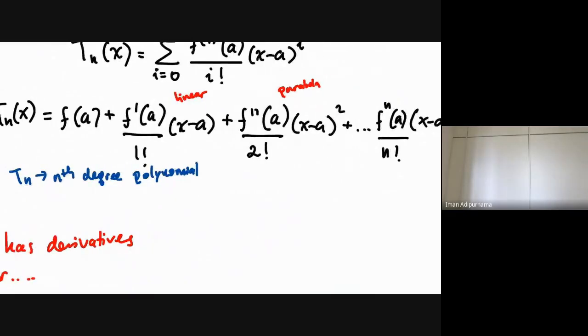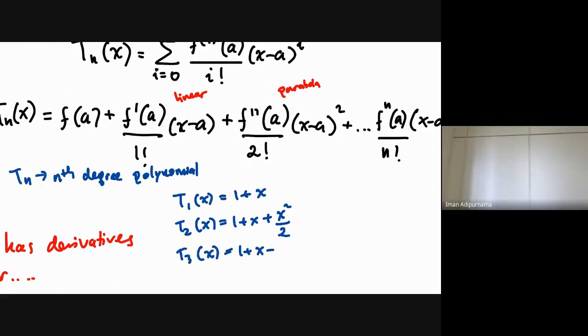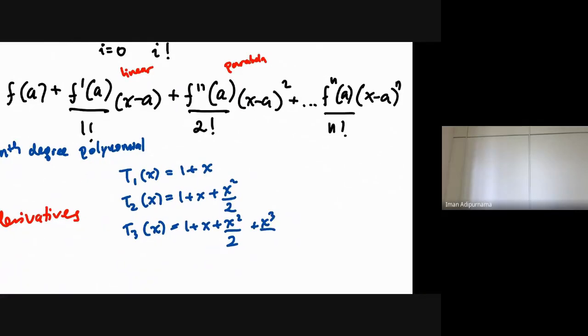If we check each one, for n equal to 1 it's just 1 plus x, and for n equal to 2 it will be 1 plus x plus x squared divided by 2. And if you have order 3, you have 1 plus x plus x squared over 2 plus x cubed over 3 factorial, sorry. And you can add 4 or 5 if you want.